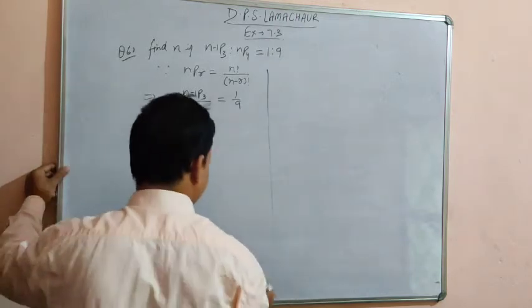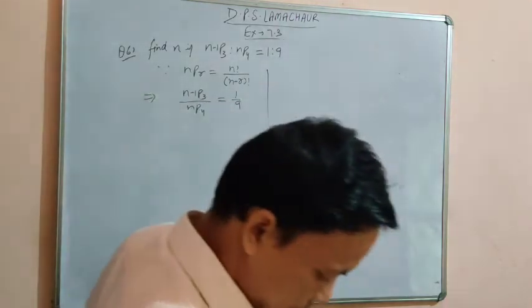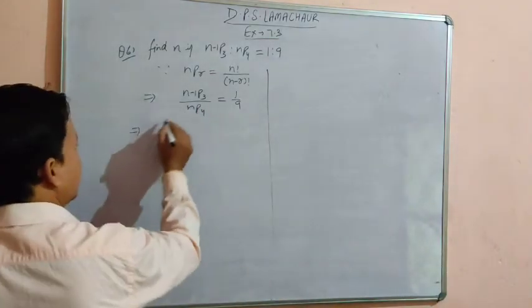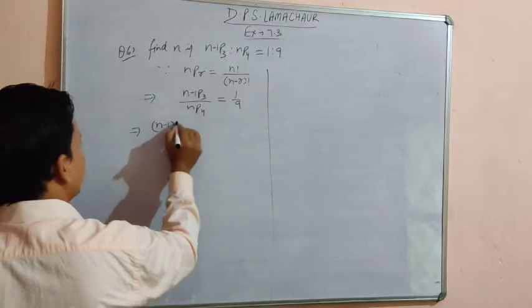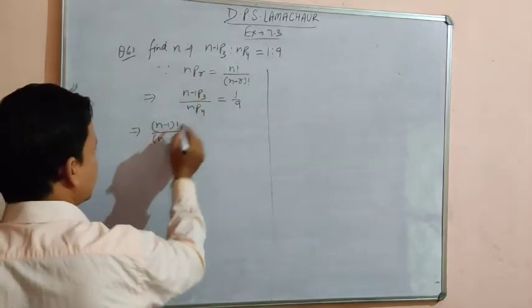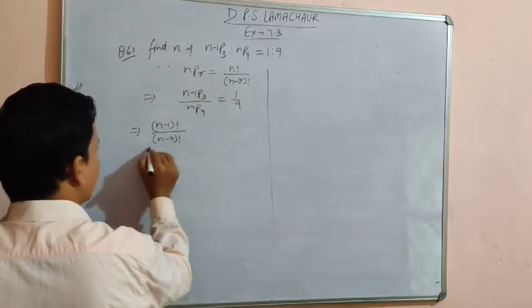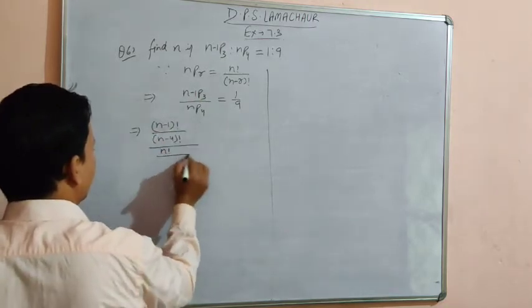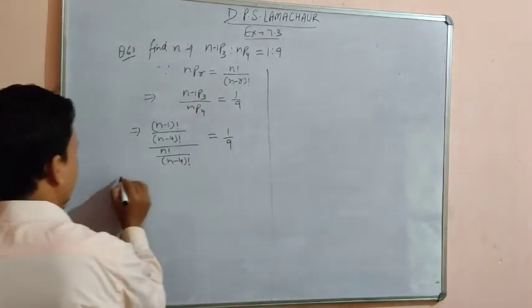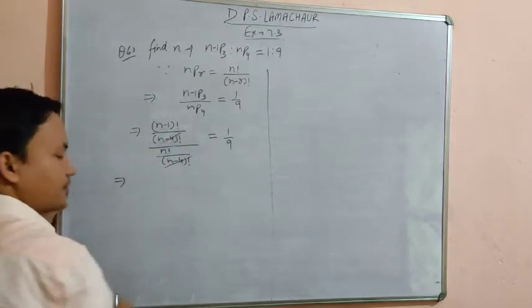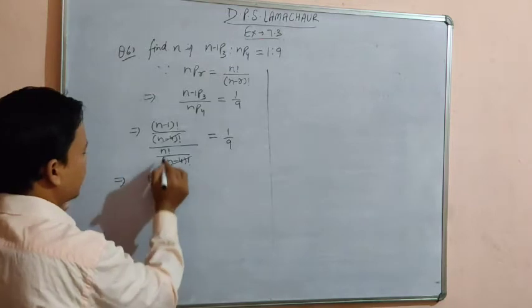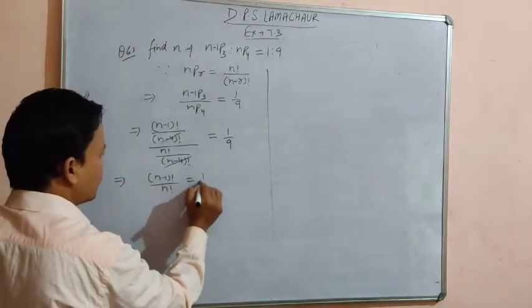Apply the formula: (n-1) factorial divided by (n-1 minus 3), that is (n-4) factorial, upon n factorial upon (n-4) factorial, equal to 1/9. Now (n-4) factorial cancels out, so (n-1) factorial divided by n factorial equal to 1/9.